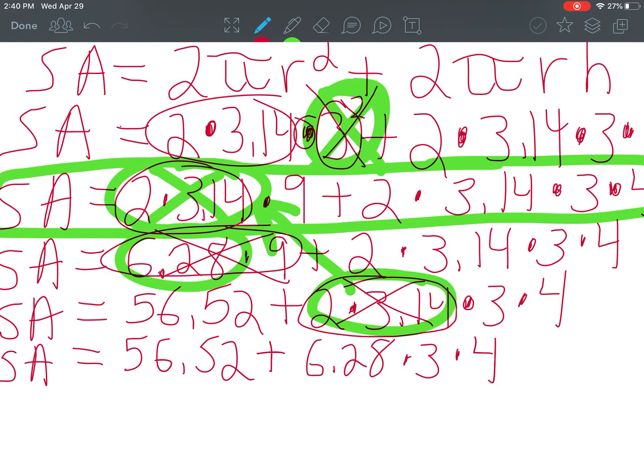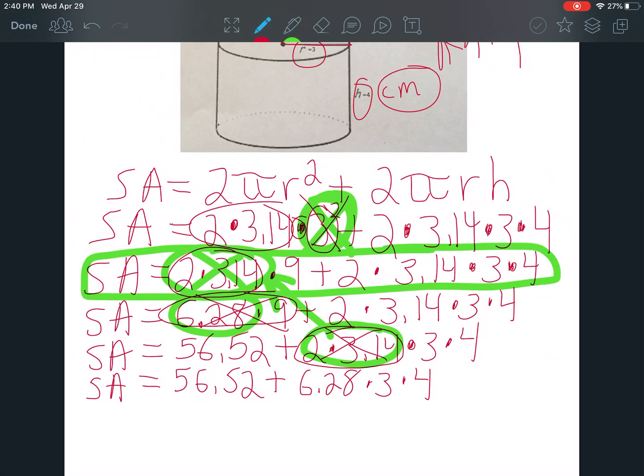Okay, so now we're getting closer, finally. So now we have surface area equals, and again, I can't do the addition yet, so I have 56 and 52 hundredths plus, and then now I have 6 and 28 hundredths times 3. So I have to do the 6 and 28 hundredths and multiply it by 3, and that gives me 18 and 84 hundredths.